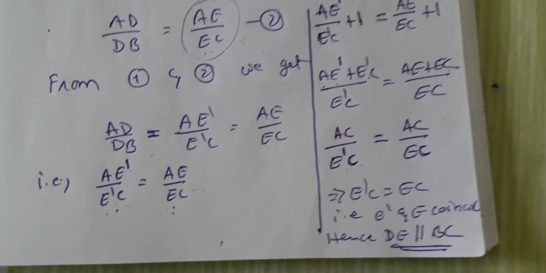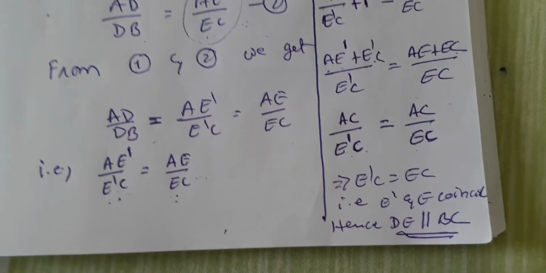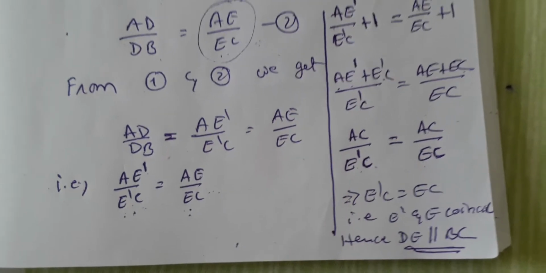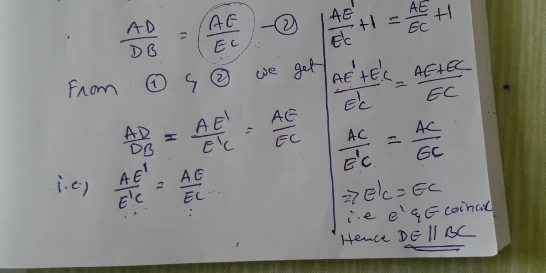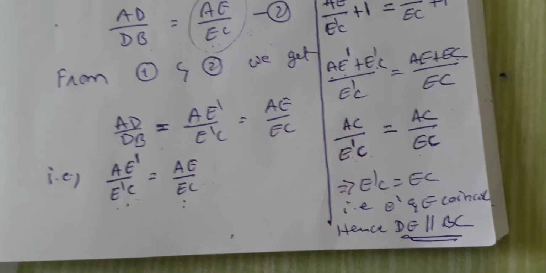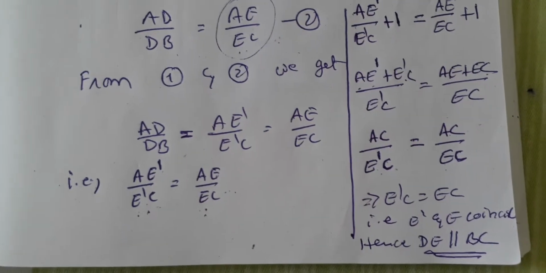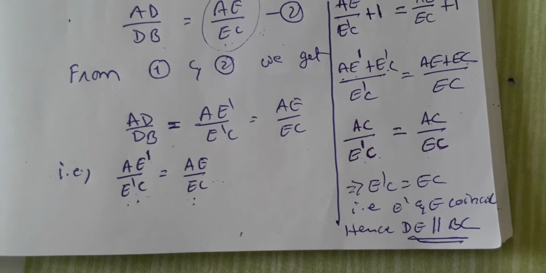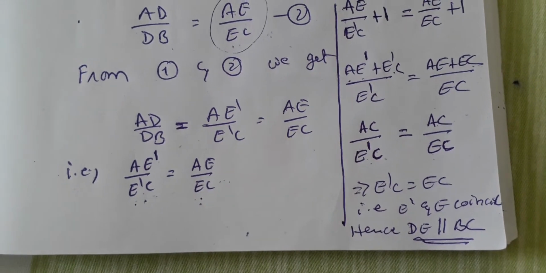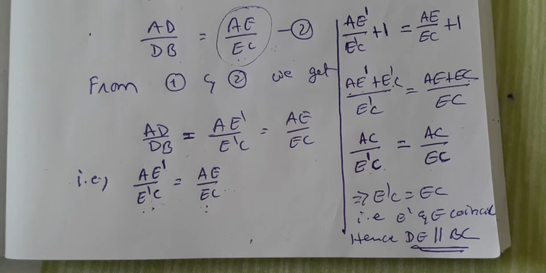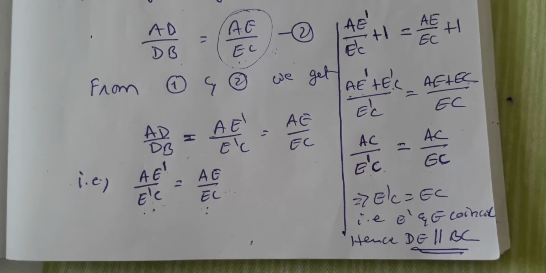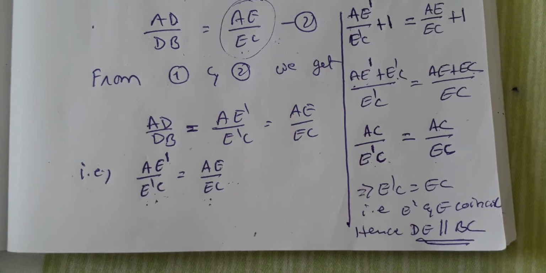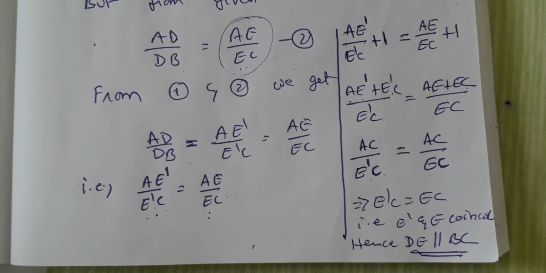Okay children. So this is the proof for the converse of Thales theorem. That means if at all there is a line which is cutting two sides of any particular triangle in such a manner that it is able to divide the two sides in equal proportions, then definitely that line is going to be parallel, of course, to the third side.